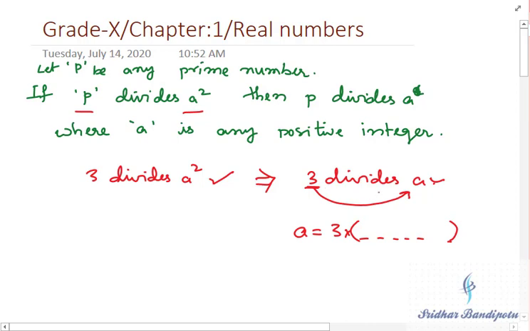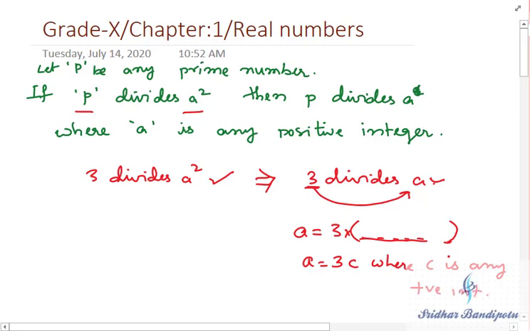So when 3 divides a, then we can write a equals 3 into the product of all the remaining prime numbers. I will take it as c, where c is any positive integer. Is it clear?